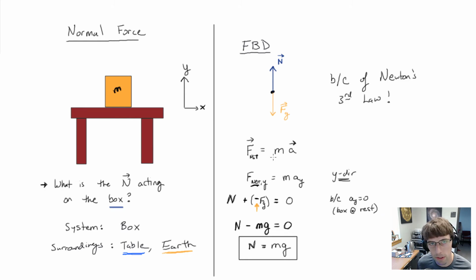And now pause the video for a second, ask yourself, why is Greg emphasizing this? And is this actually a Newton's third law pair? Hopefully you see, no, this is not a Newton's third law pair. You say, what do you mean, Greg? They're same magnitude, opposite directions.